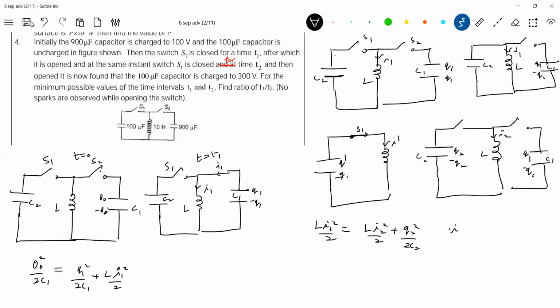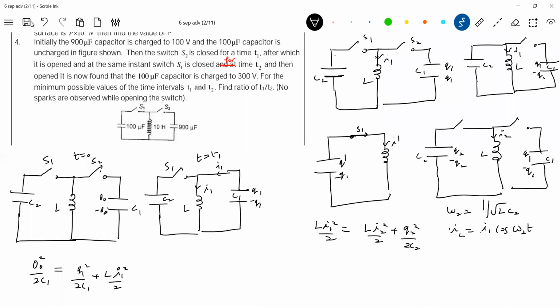The equation for this, I2 is equal to IL, is equal to I1 cos omega 2 T2, right? What is omega 2? Omega 2 should be 1 by root of L C2. Because the moment you open the switch S2 and close S1, that is when you should start counting the time.